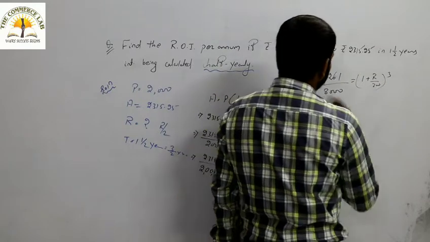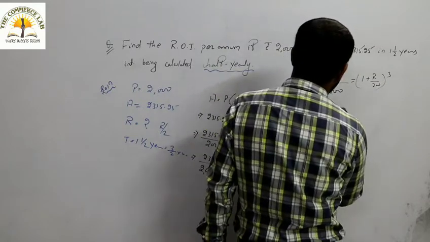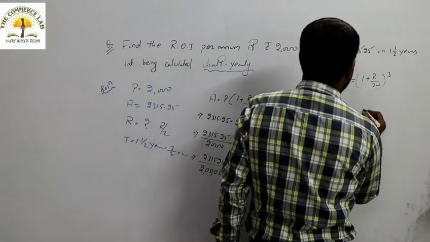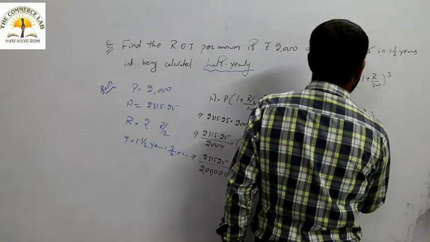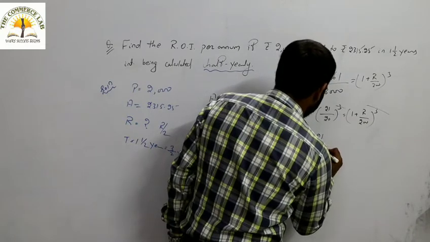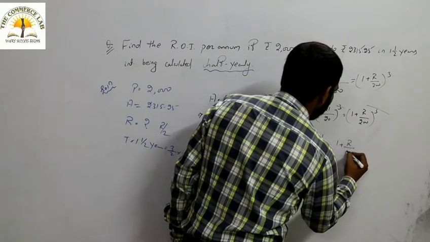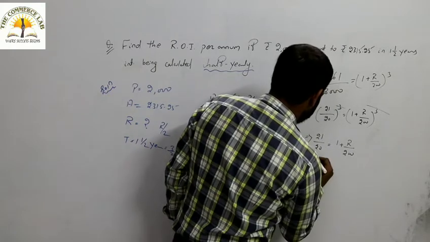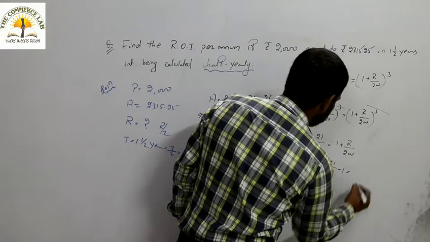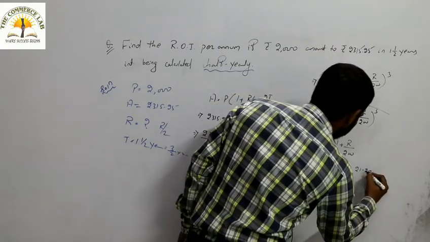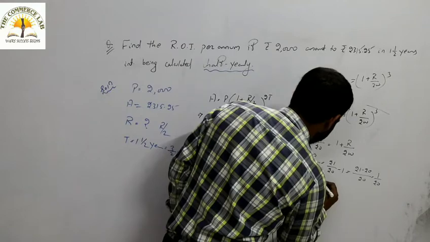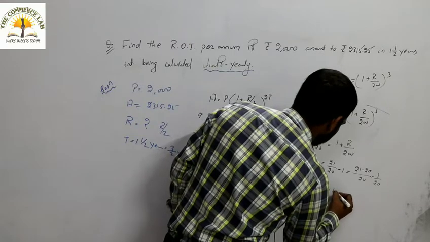But we know this is your 21 by 20 whole cube. So the cube gets cancelled. 21 by 20 is equal to 1 plus R by 200. This implies R by 200 is equal to 21 by 20 minus 1, which is 21 minus 20 by 20, that is 1 by 20. This implies R equal to 200 by 20, which is 10%.